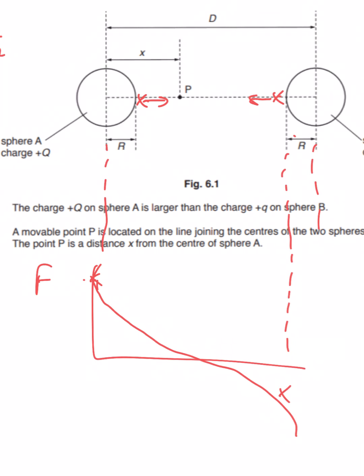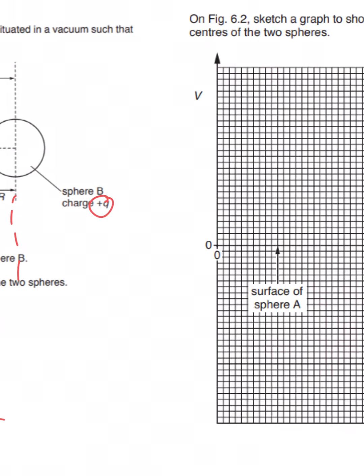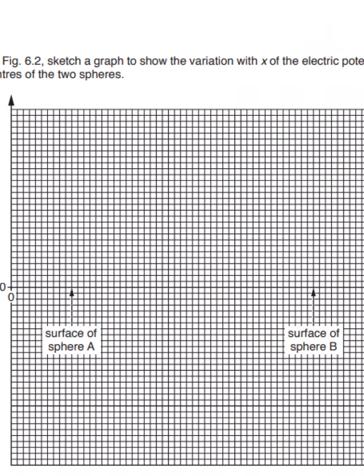Now, this is where it gets a little bit trickier, because in this particular question, you were asked to sketch a graph to show the variation of electric potential V. So if we remember electric potential, that is the work done bringing a test charge from infinity, from an infinite distance, to a point.